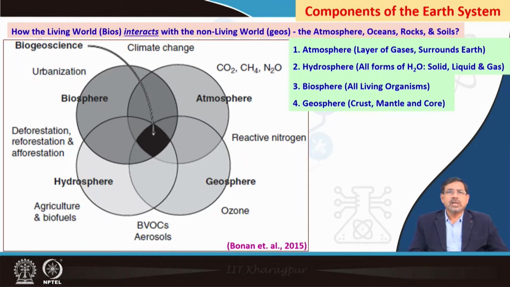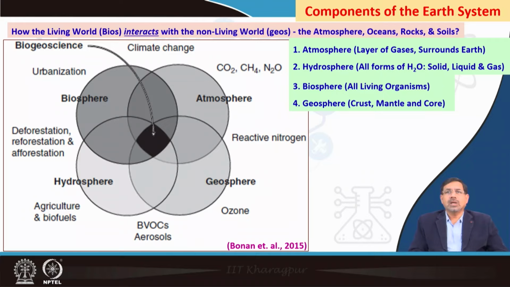So this together leads to many other phenomena and activities we discuss under the biogenic volatile organic compounds such as BVOCs, the aerosols, the reactive nitrogen, and all this together we will also try to understand throughout this course, in terms of their contribution and relevance to climate change.